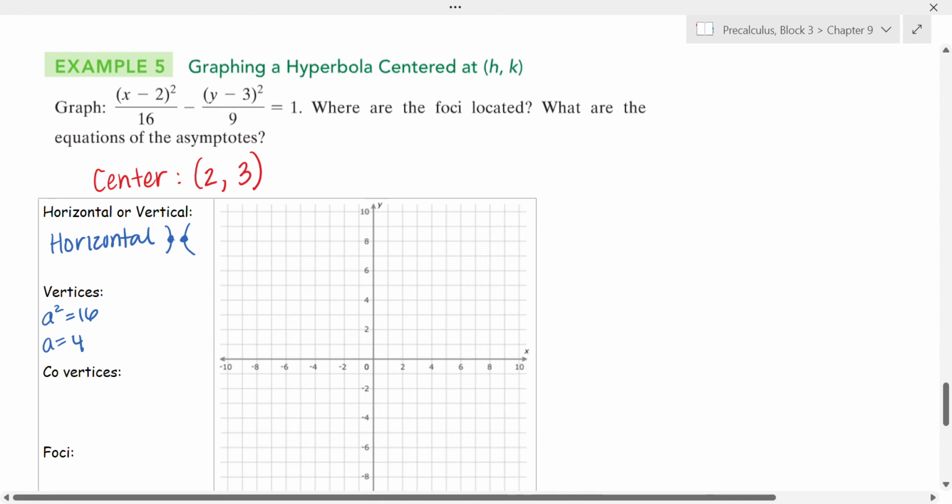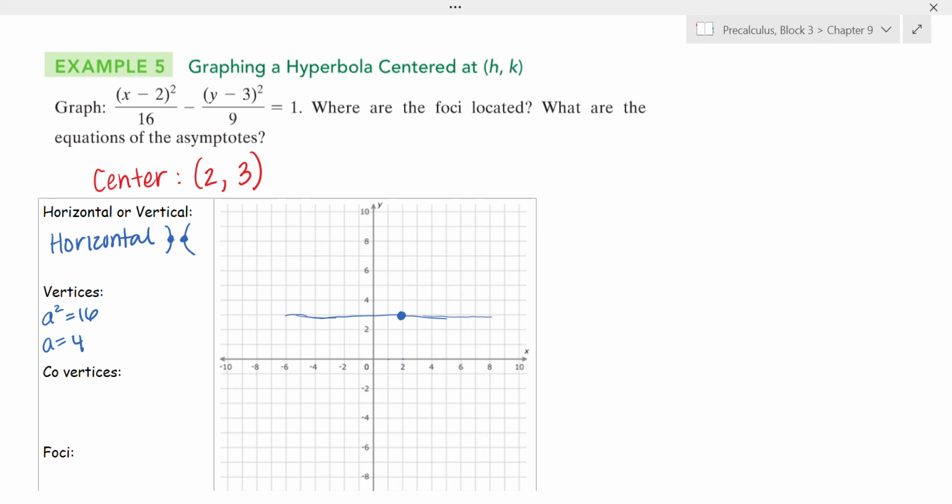And so let's draw our center so we know where to put our vertices. So 2 units to the right and 3 units up. There's our center. And our vertices are going to be along the same axis, the Y equals 3 line.